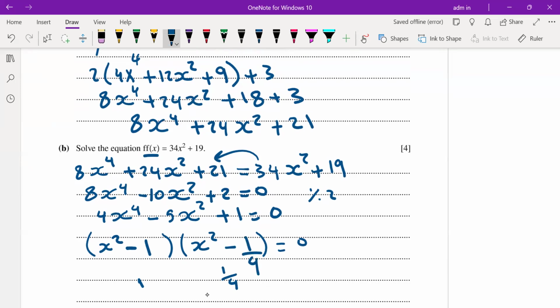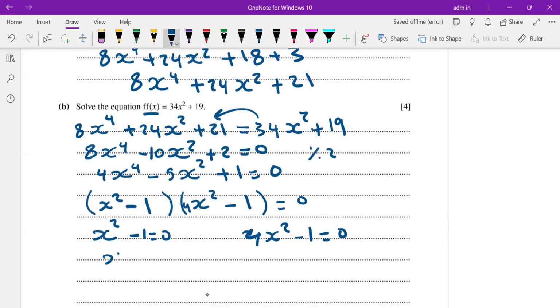Don't try to keep it as a fraction, so multiply 4 by x squared. After using factorization or the quadratic formula to solve it to get x squared. So by solving this equation, x squared minus 1 is equal to 0, or 4x squared minus 1 is equal to 0.